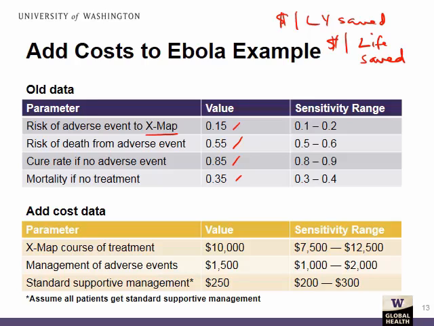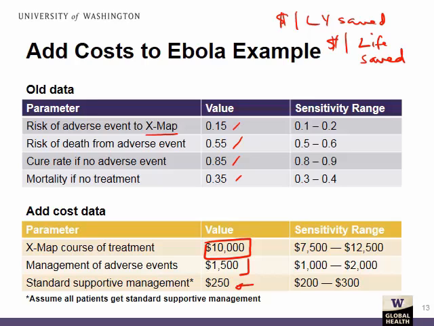Let's say that XMAP is an expensive medicine. It costs $10,000. And this is not uncommon, not the amount, but the fact that new treatments are usually more expensive because they add value and there's a premium on innovation. So companies want to recoup their investment. And let's say that managing the side effects of XMAP costs $1,500, and that standard supportive management costs $250.